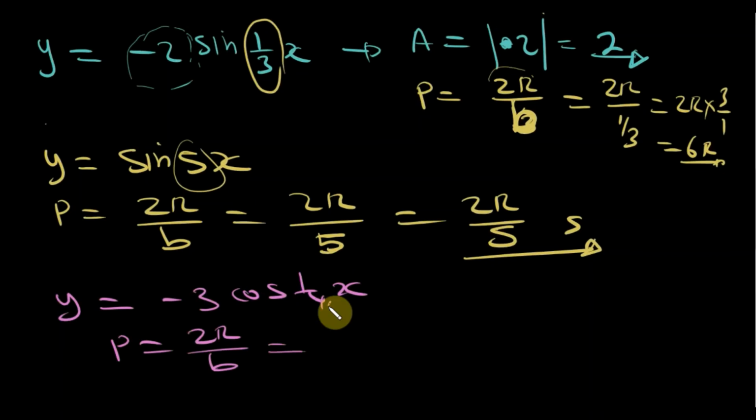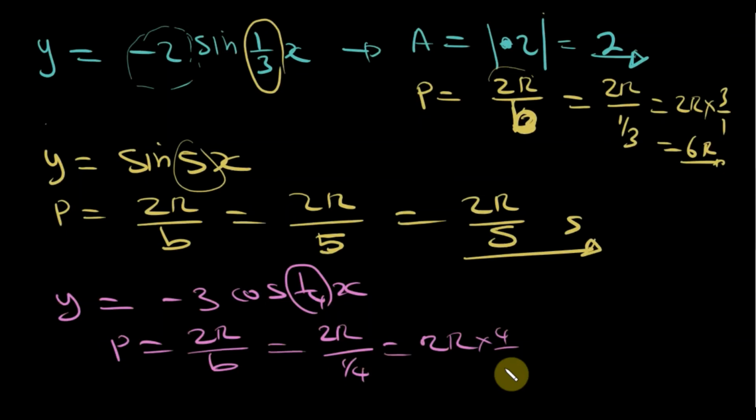So 2 pi over 1 over 4 equals 2 pi times 4 over 1, 8 pi as my period. And my amplitude is 3.